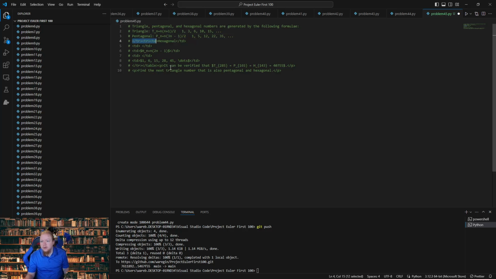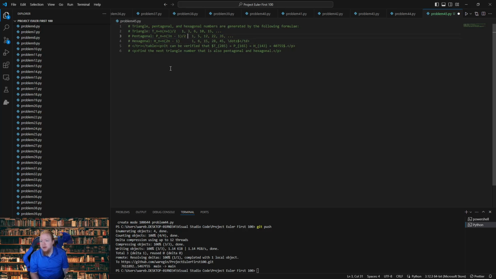Okay, so our approach, I think, can be very simple here. We know that using Python, and possibly many other programming languages, we can generate numbers based on these formulas very, very quickly.